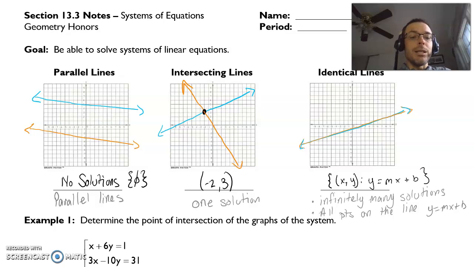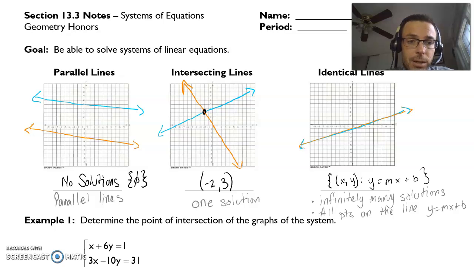So first, let's talk about solving systems of linear equations when we're graphing. Remember, if we had parallel lines, then there are no solutions because there's no intersections. We would either state no solutions or in our set notation put our circle with our slash through it, stating that it's the null set. Intersecting lines, it's always about the intersection, so there is only one solution in that case when they are lines, but we would put the ordered pair of the intersection.